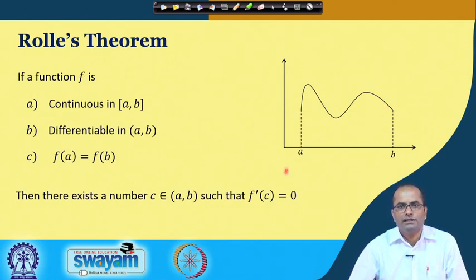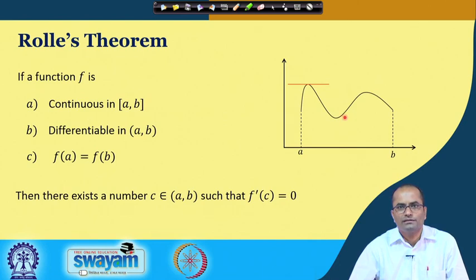Then this theorem says that there will be at least one point where the derivative will vanish, or the tangent will be parallel to the x axis. So, the slope of the tangent is 0, meaning it is parallel to the x axis. Clearly we can observe that there is a point somewhere next to this A where the tangent is parallel to the x axis.